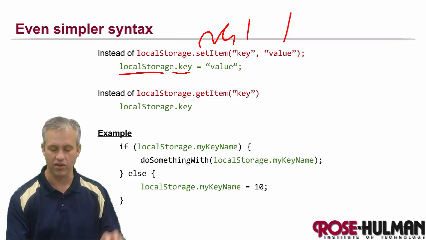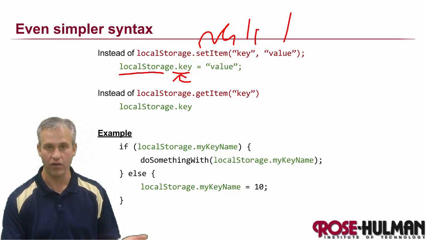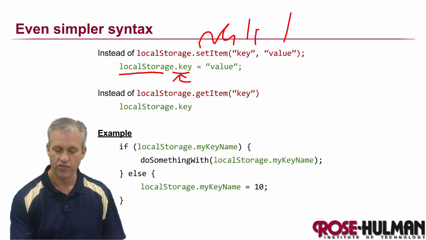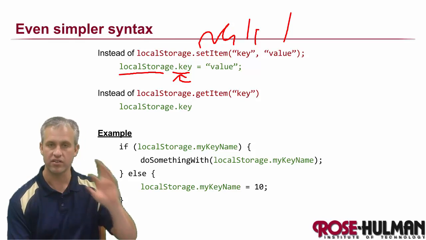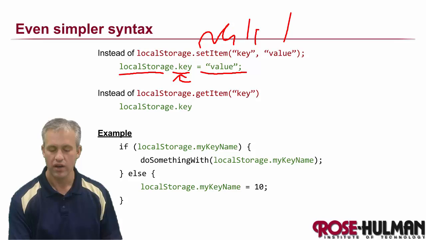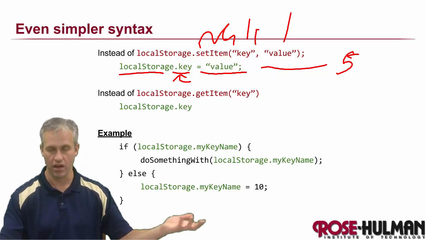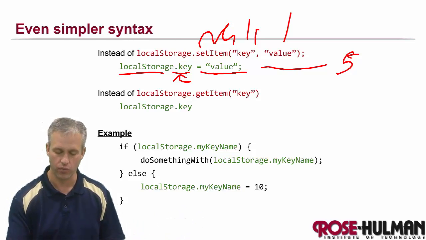I won't go into the details about why this one has quotes and why this one doesn't. It works fine unless you're using a compiler. Let's just leave it at that. So you just drop the quotes and you just say dot key, and then you pass in some value. Here that value is a string, and I put it in quotes. But you could just as easily put in 5 or any old number, and it'll work just fine.